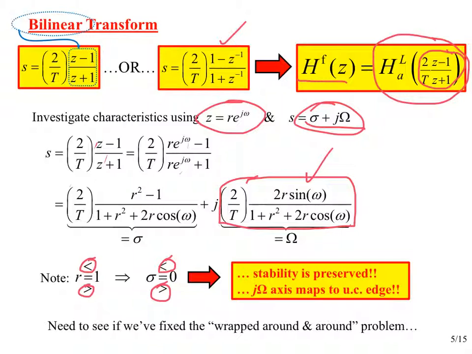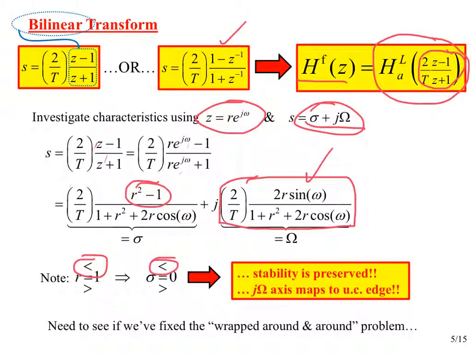And then when we let r equal 1, notice that the numerator goes to 0, and so sigma is actually equal to 0. And so what that tells us is some important stuff. Even though we didn't prove it this way, we can see that anytime r is less than 1, we had to have sigma less than 0.